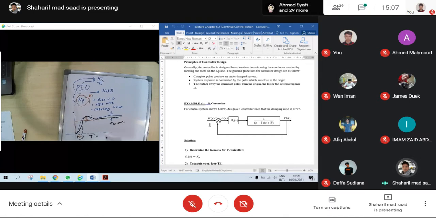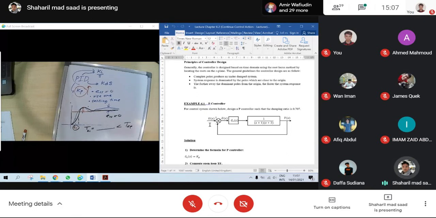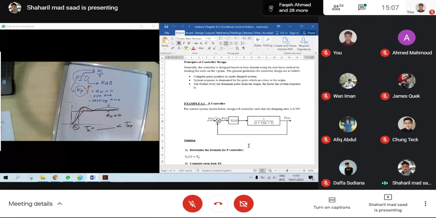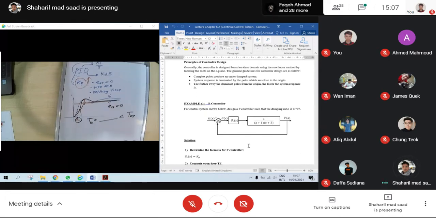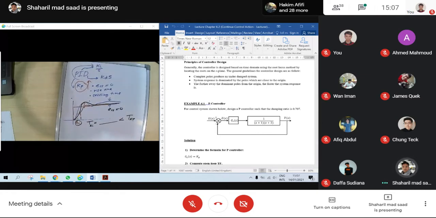So the time constant of the integral will be slower than the time constant of Kp. That's why after that you need the derivative. The derivative will minimize your overshoot. Okay, and normally we combine Kp, Ki, and also Kd, right?